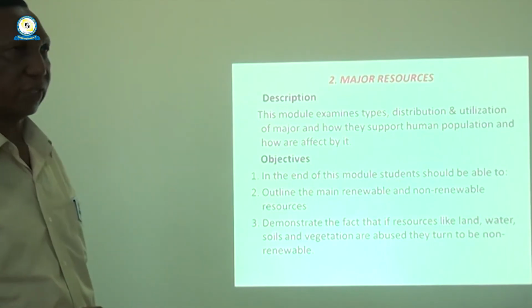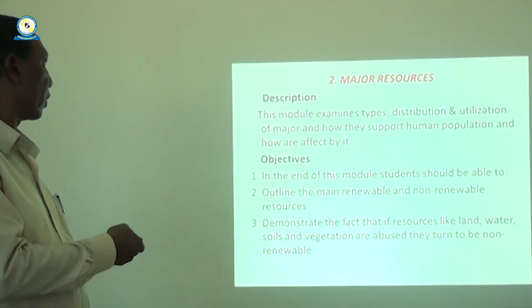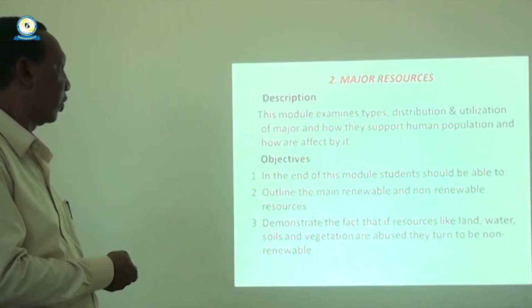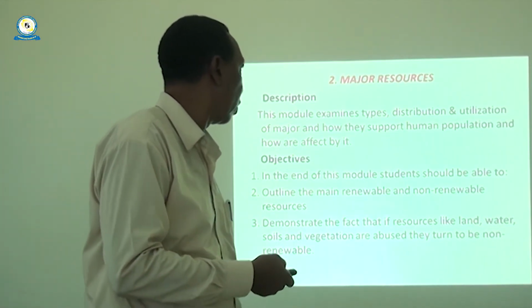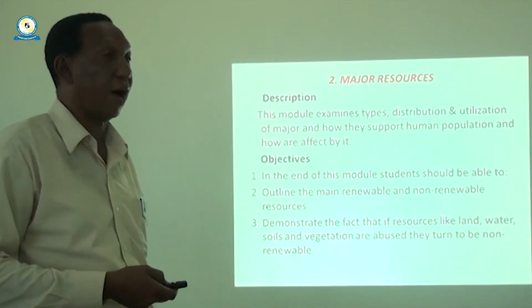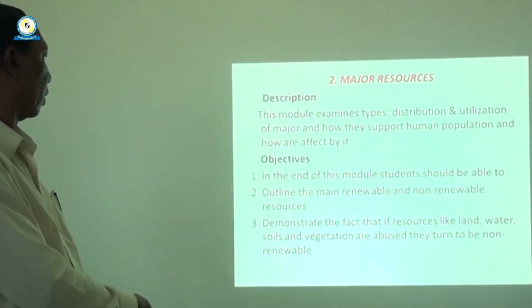Next are the major resources. Here, actually, we are interested in knowing the types, distribution, and utilization of major resources, and how they support human population and how they are affected by it. So the objectives are three.